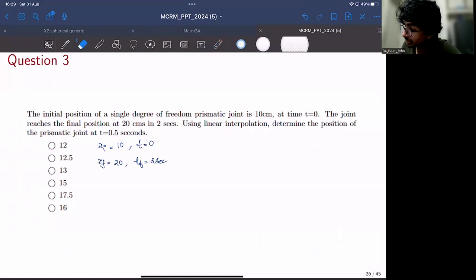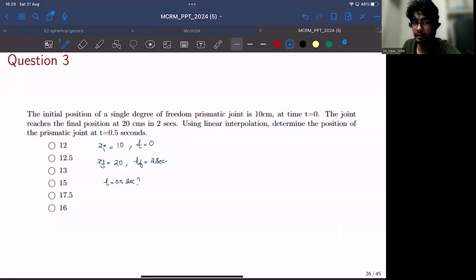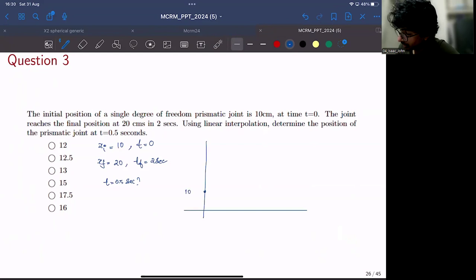So using linear interpolation, determine the position of the prismatic joint at t equal to 0.5 seconds. 12.5. Yeah, but how do you do that? Because you start from an initial position 10, the final position is 20. It starts from time 0 and ends at t as 2 seconds.